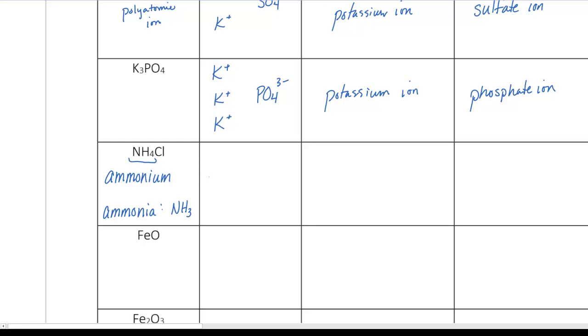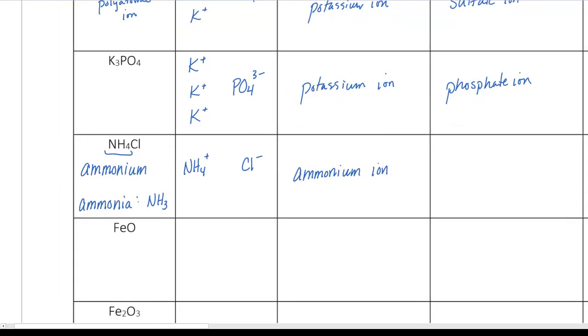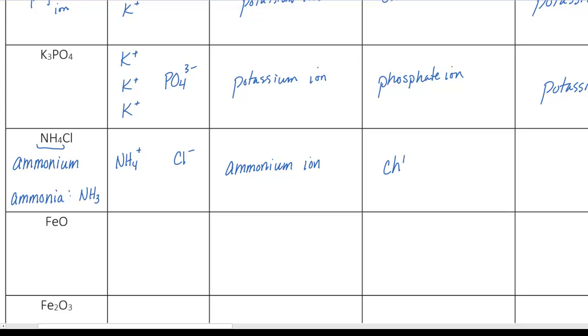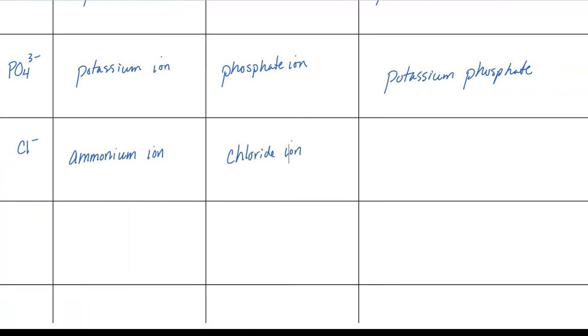The ammonium ion, again from your table of ions to memorize, has a formula of NH4+, and we can see that it's paired with one chloride ion. To give us the resulting name of ammonium chloride.